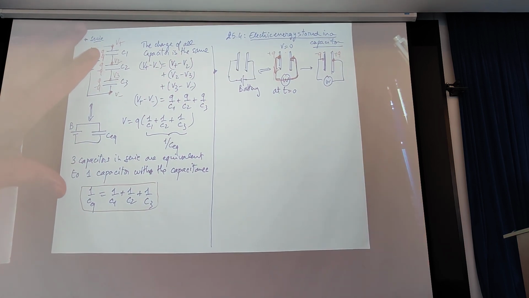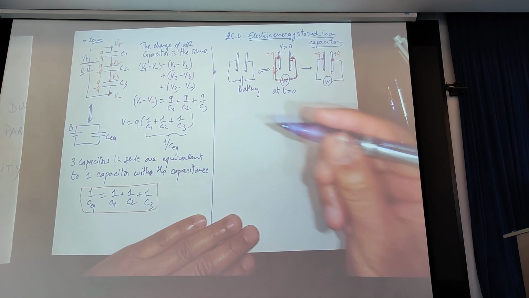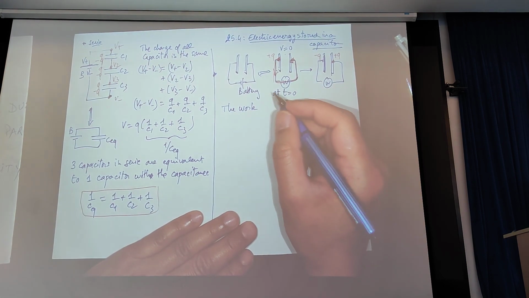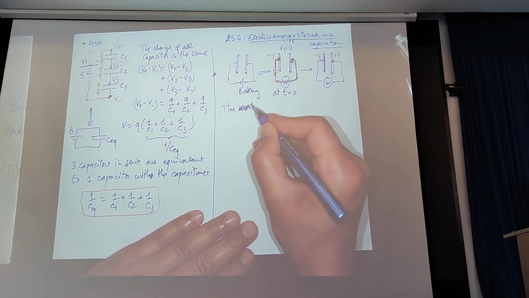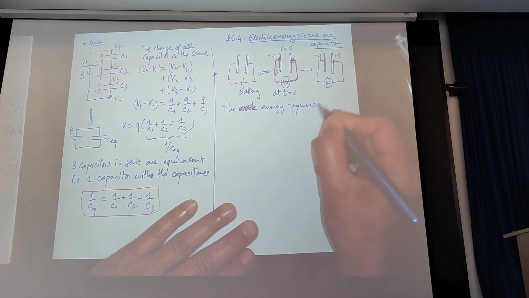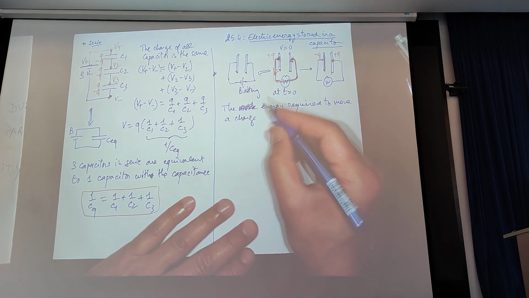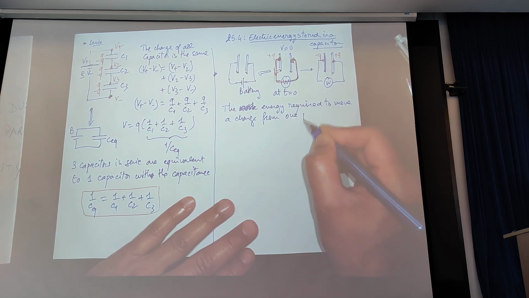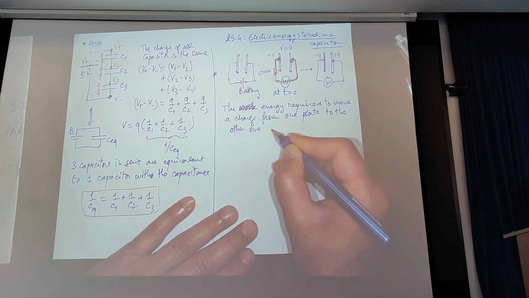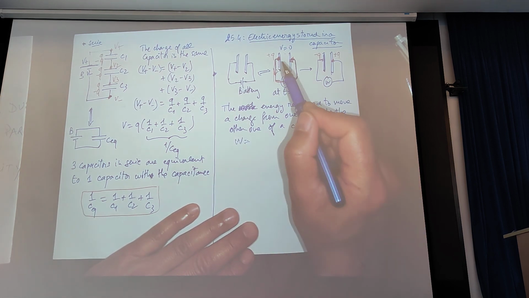So the work, of course, the energy required to move a charge from one plate to the other one of the capacitor is W. So what is the work at the end?